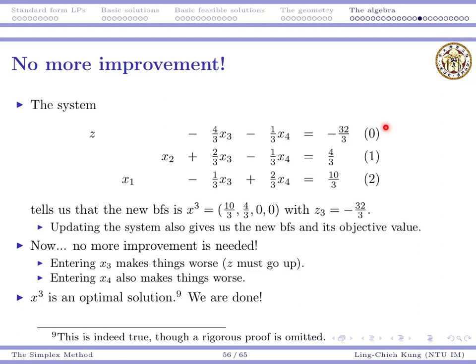So when we see all the coefficients in the zeros row being negative, then we know that this is an optimal solution. We are done. Or to make it more precise, when all the coefficients in the zeros row are non-positive, 0 or negative, then we're done because we have no way to improve our objective value.